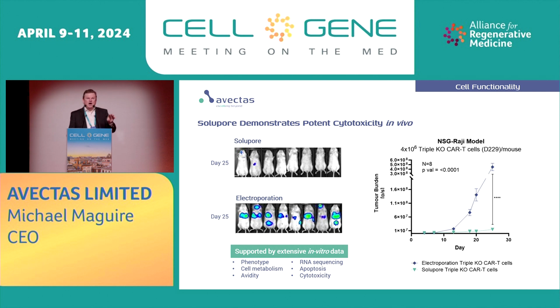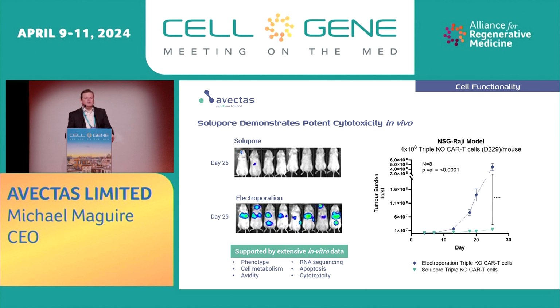Although we're showing the highest dose here, we also see at lower doses, we did this at 1, 2, and 4 million cells per mouse, and we see a nice escalation dose dependency when we look at those three dosages going into the animals.